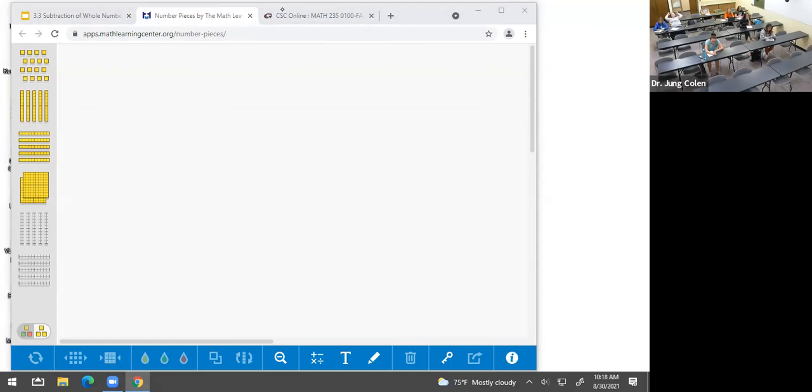I don't know which one's better, I'm just exploring. I think this is good because you can use the manipulatives here and also write down the numbers. You can also change the colors for different place values. So I like it.